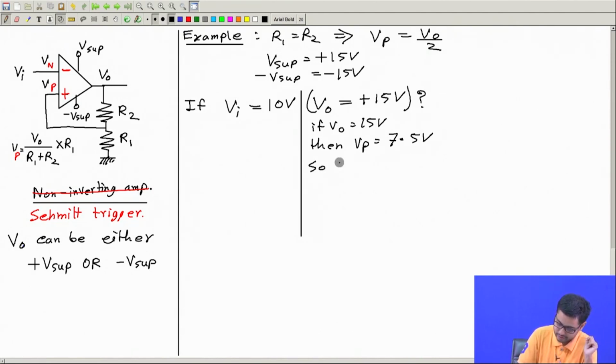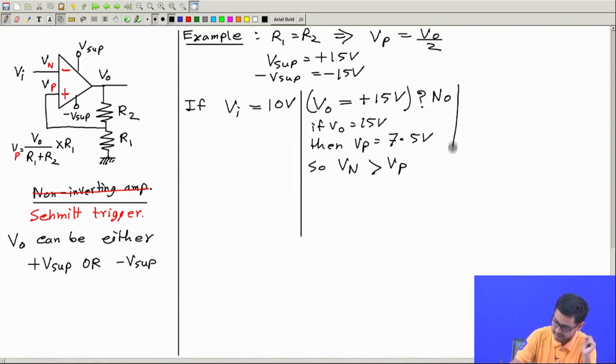So Vn, which is equal to Vi, is greater than Vp. So output must be negative, output cannot be positive. If Vn is greater than Vp, then output cannot be positive. So the answer is no. This is not possible.